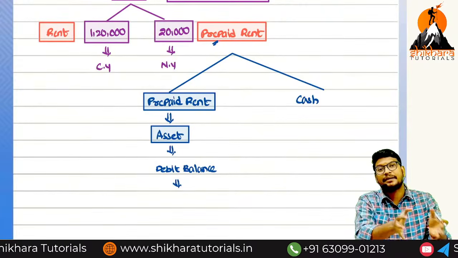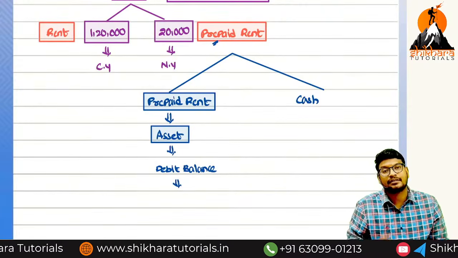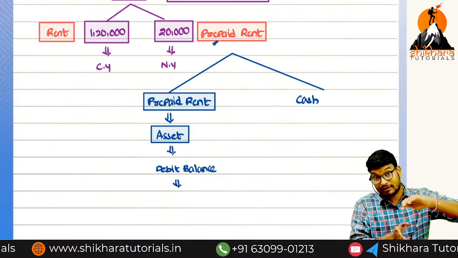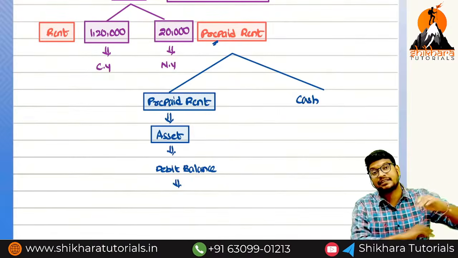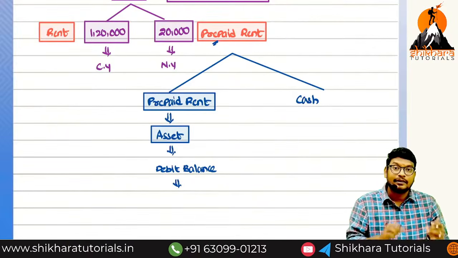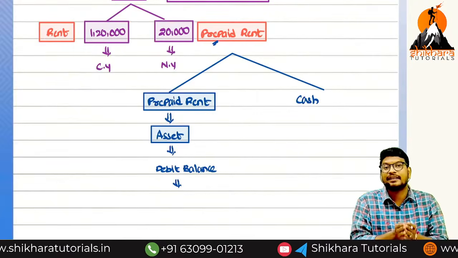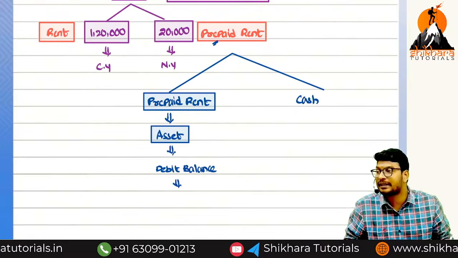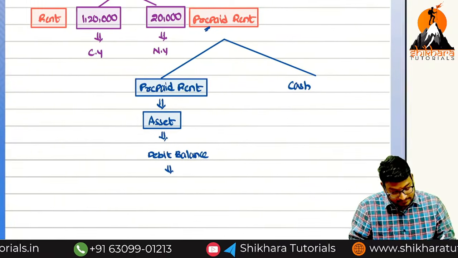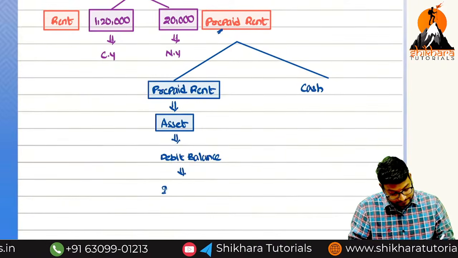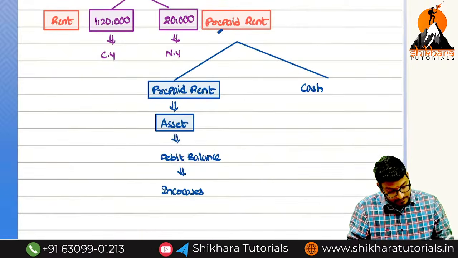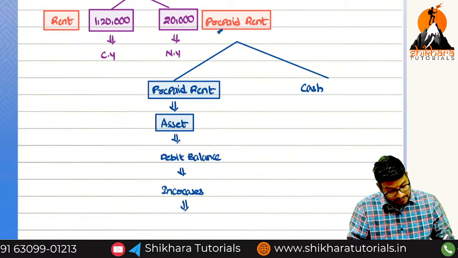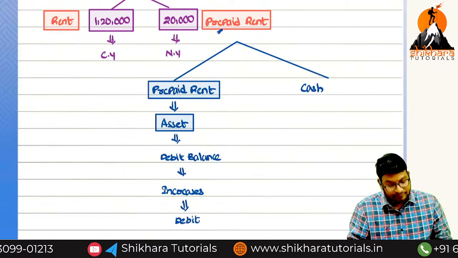Now only prepaid rent comes into the picture, because you have paid extra rent during the current year that is related to next year. So during the current year the asset value increases, and when going to next year, the asset value decreases. If a debit balance increases, what do we need to do? We have to debit.